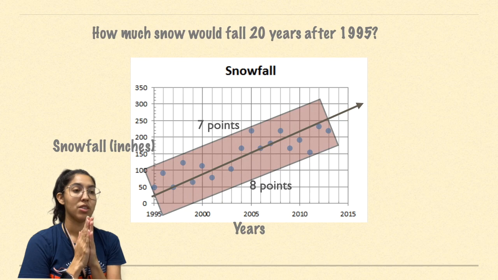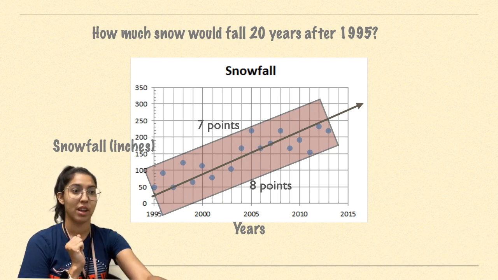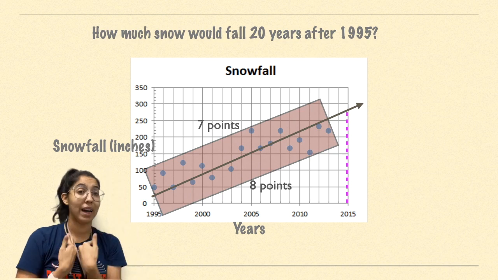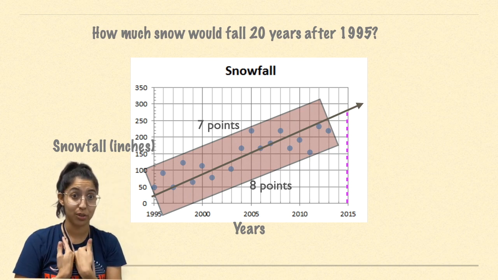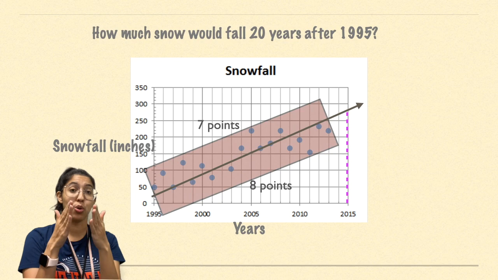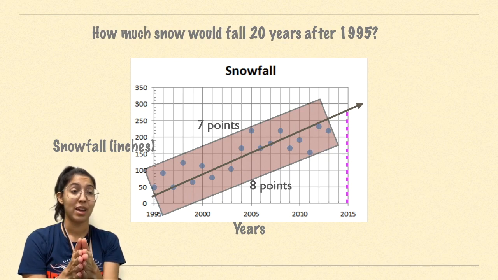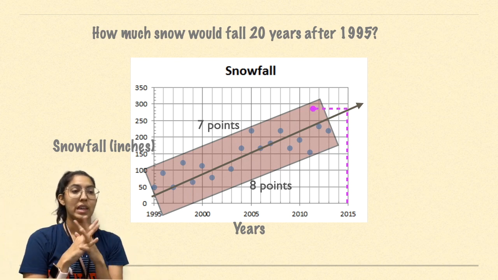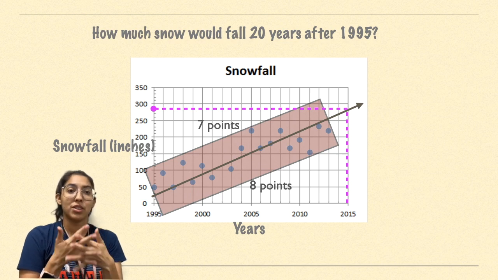So I'm gonna start at 2015. I'm gonna draw some little dashes up to my line that I drew. So you're drawing dashes on your line that you drew. And then once I get to that line, I'm gonna go to the Y values like so. And I'm finding my match.